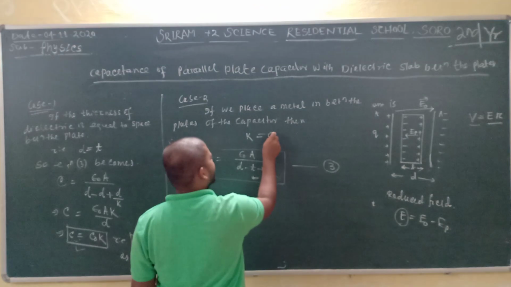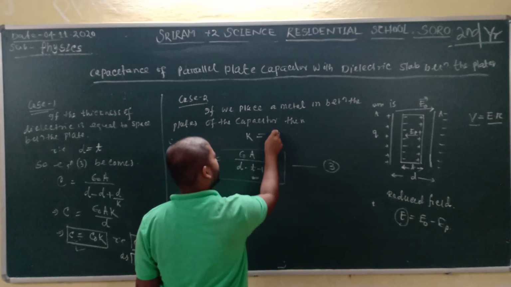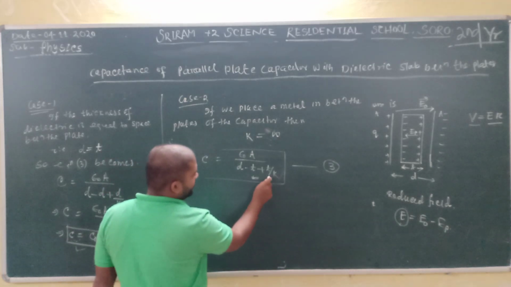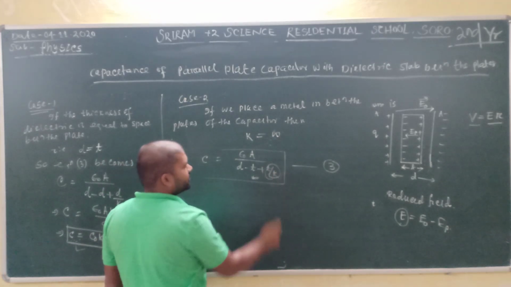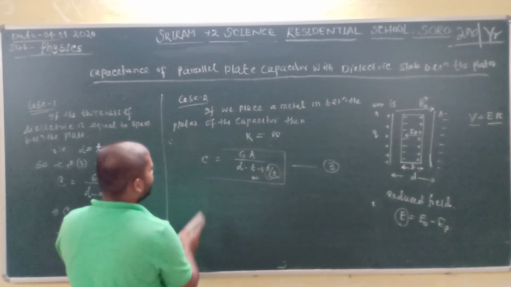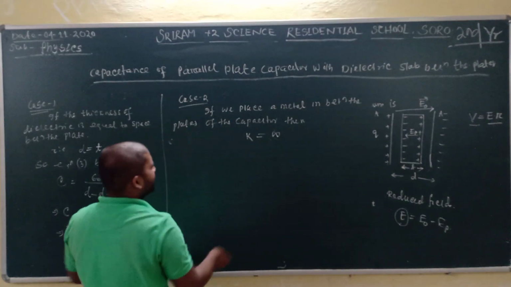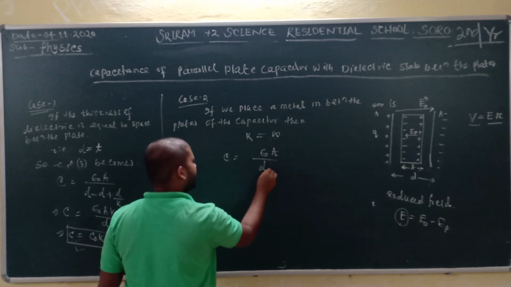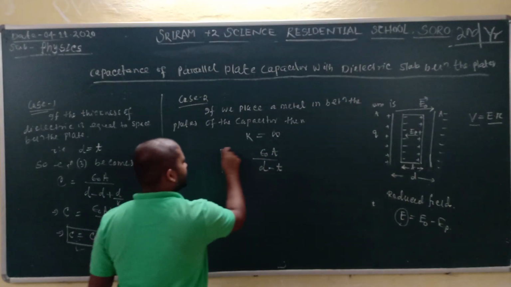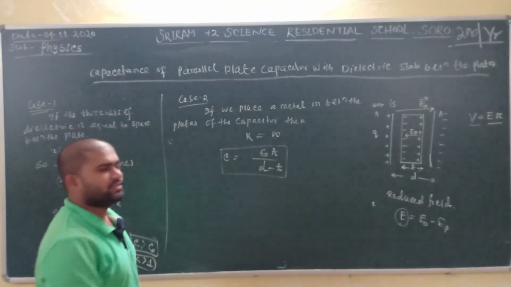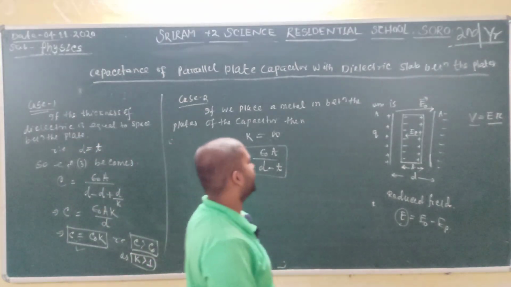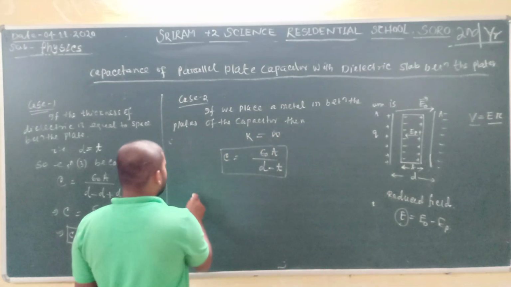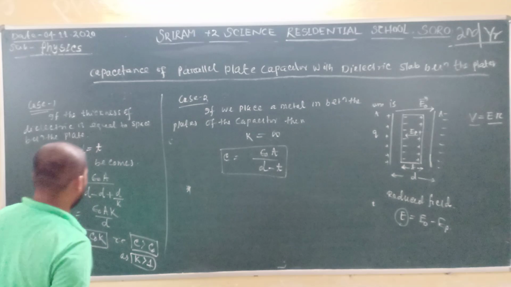For metal, K equals infinity. For metal, the dielectric constant is infinity, and if you substitute K equals infinity here, this term becomes 0, and the electrical capacitance will be C equals epsilon naught A divided by D minus T. So this will be the electrical capacitance when we place a metal in between the plates of the capacitor. Understand?